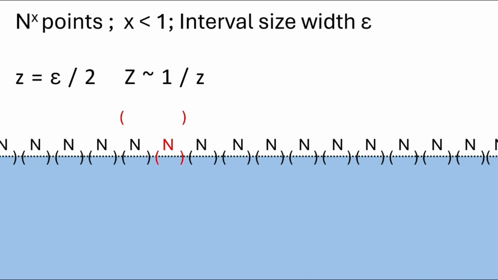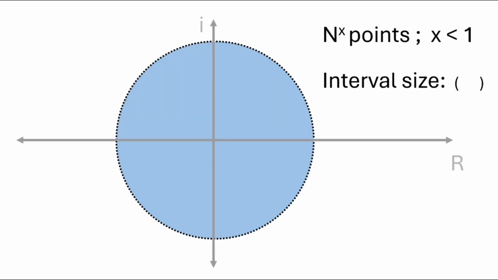And so we have shown that our result holds for all epsilon-sized intervals at the same time. As we let n run, we will eventually come to a point where even though n is still finite, we will get more than n to the x points, not just in one arbitrary epsilon-sized interval, but in every epsilon-sized interval.